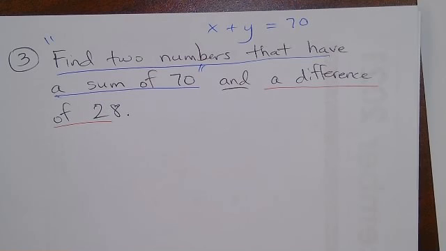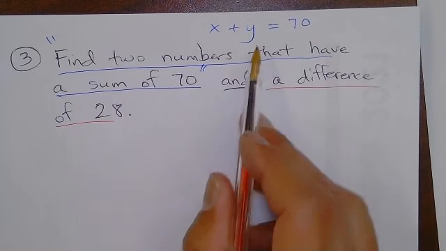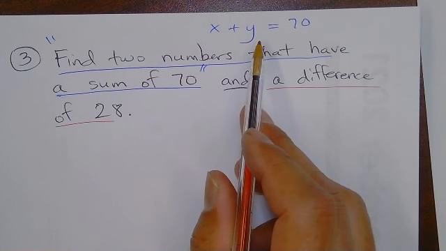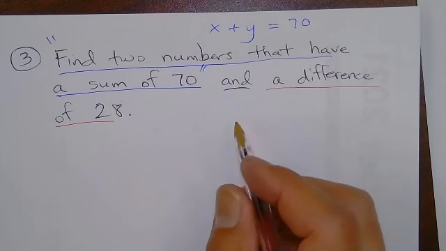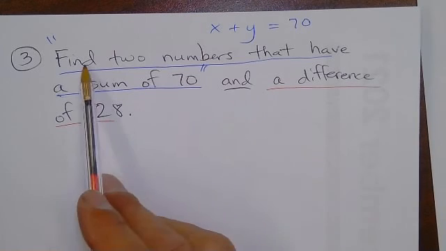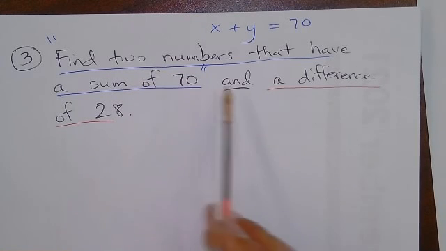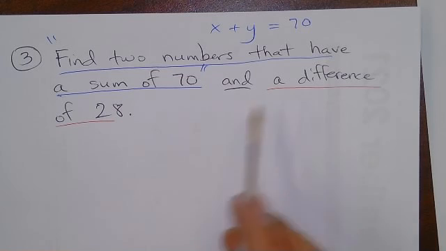And what about this? And a difference of 28. Anybody know how to write that? Find two numbers that have a sum of 70. Yes, thank you, Samantha. These two numbers add up to 70. Let's think of it another way.